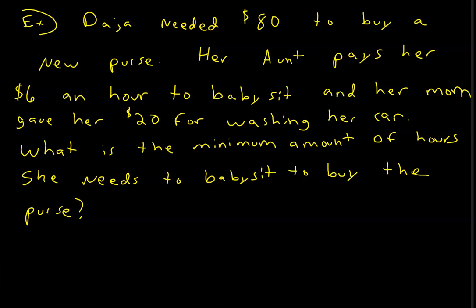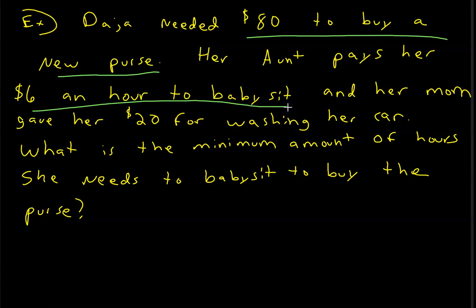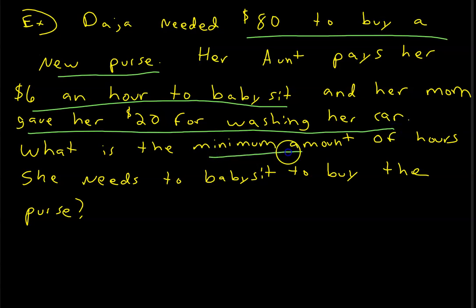All right, so last example. Deja needed $80 to buy a new purse. Her aunt pays her $6 per hour to babysit, and her mom gave her $20 for washing her car. What is the minimum amount of hours she needs to babysit to buy the purse? Let's think about this.